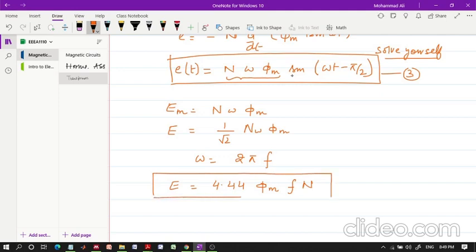So the RMS value of the EMF that is being developed in any coil that is linked by a flux that has a peak value of phi m can be written in this format.